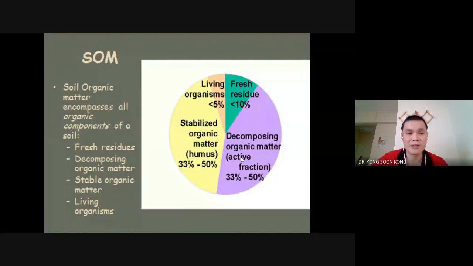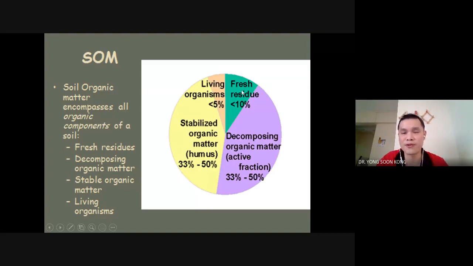There are fresh residue, living organisms, and then followed by two major parts, which are stabilized organic matter and decomposing organic matter. By the way, the direction should start with living organisms, because living organisms are those that are still living, still not dead yet.